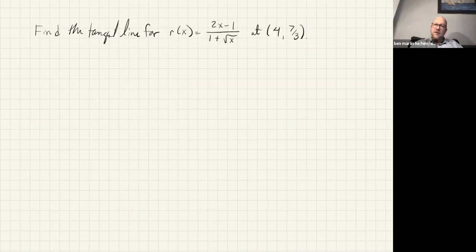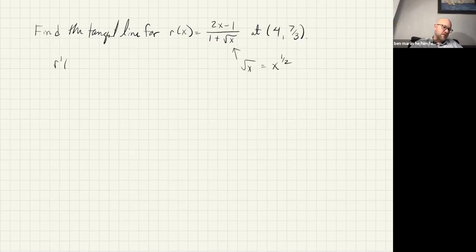So here's another one, and this time we're asked to find a tangent line for the function. The tricky bit is to remember that the square root of x is really x to the 1/2 power, okay?